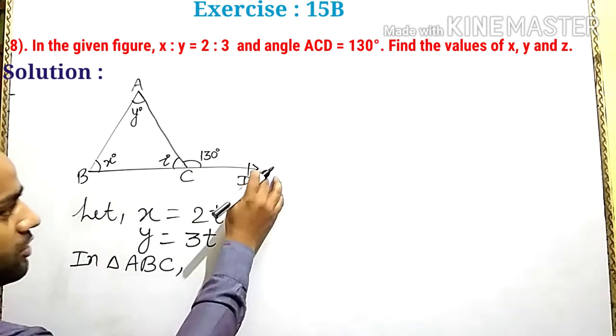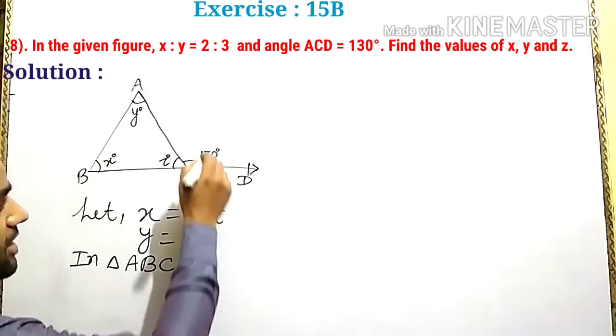In triangle ABC, BC is extended to a point D. So here ACD is an exterior angle.